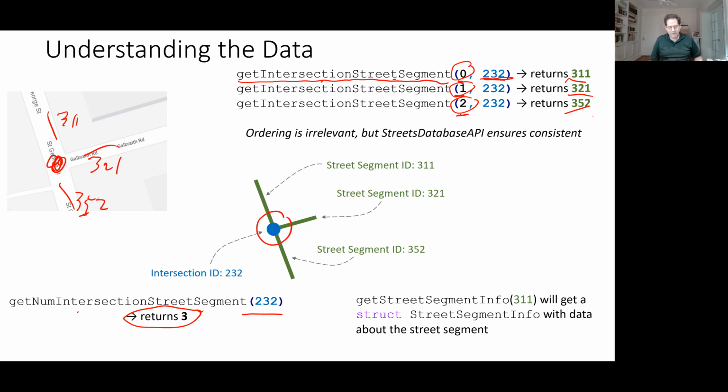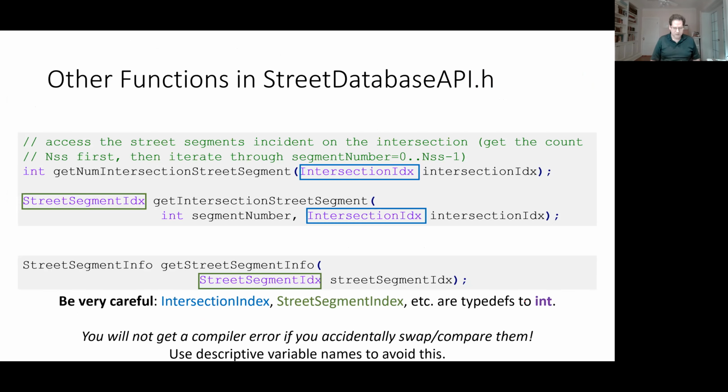Okay. And then if I want to know more about street segment number 311, I call get street segment info with that ID, and that gives me that structure that I showed you earlier, that I can look at its member data in order to say, is this one way, what's the from intersection, what's the to intersection, and so on.